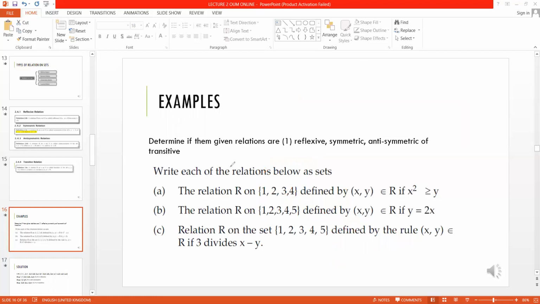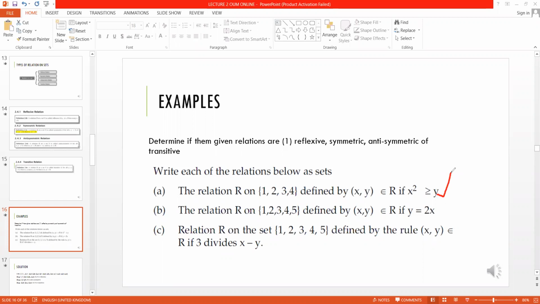It says determine if the following relations are reflexive, symmetric, anti-symmetric, or transitive. I'm going to take question 1. You try the rest as an assignment for me.